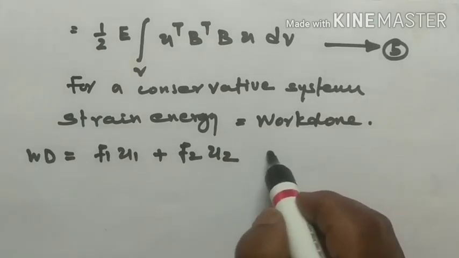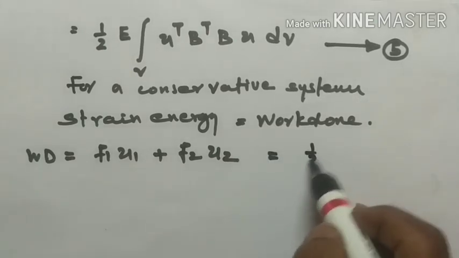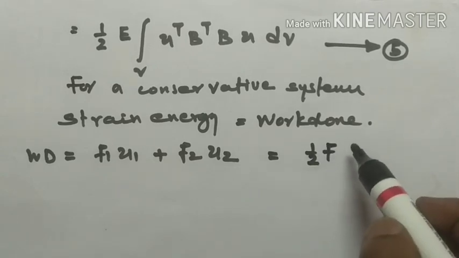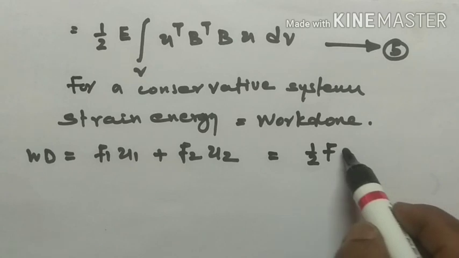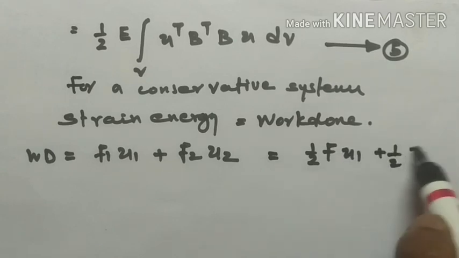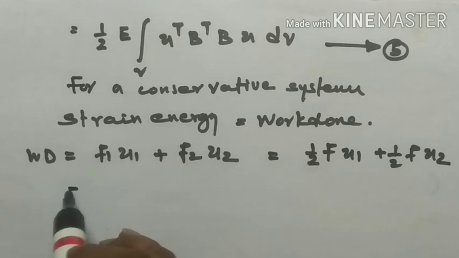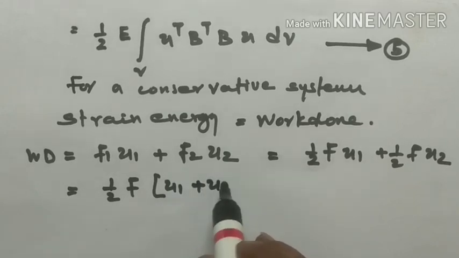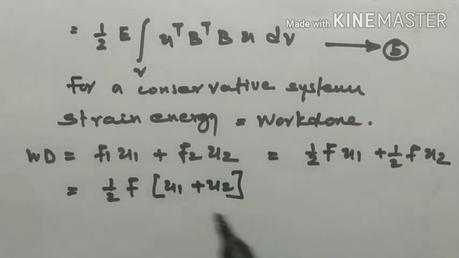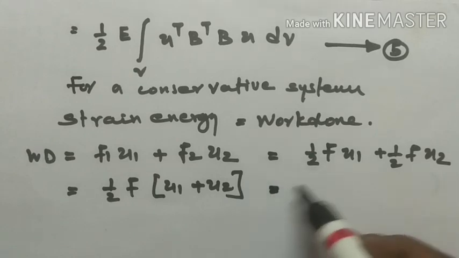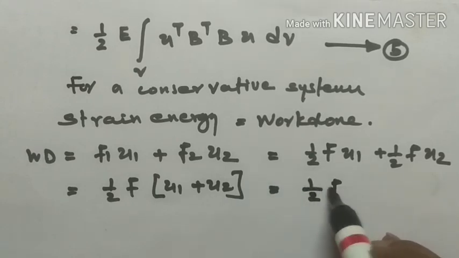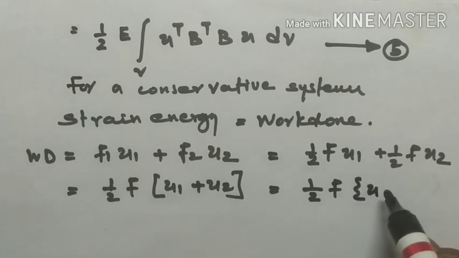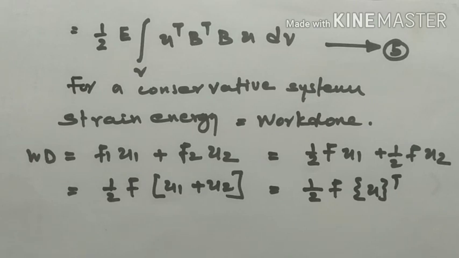And this can be represented as half F u1 plus half F u2, which is equal to half F into u1 plus u2, where F is the total force, and this is equal to half into F into U transpose. This I am putting as expression number 6.